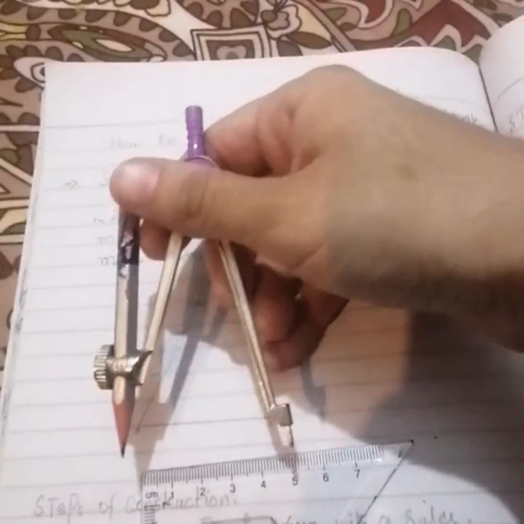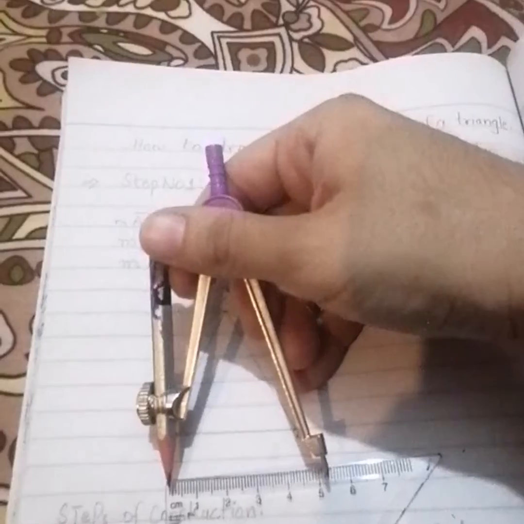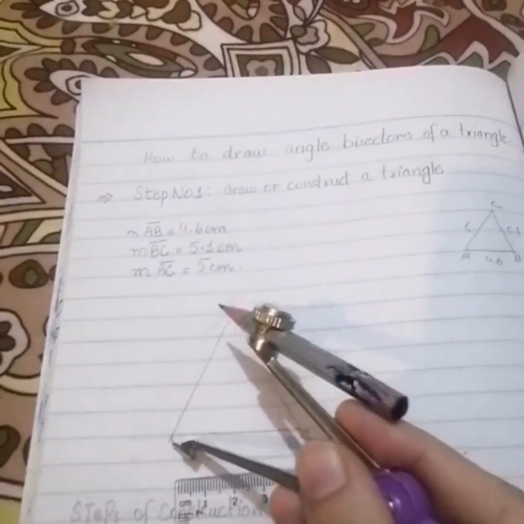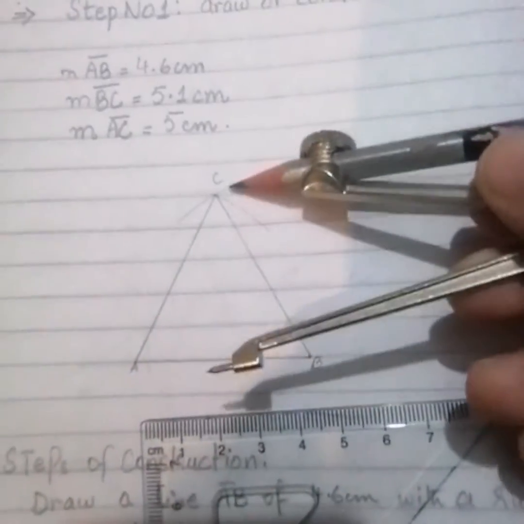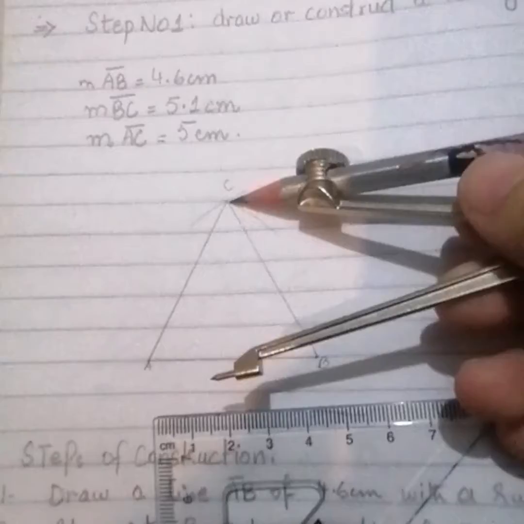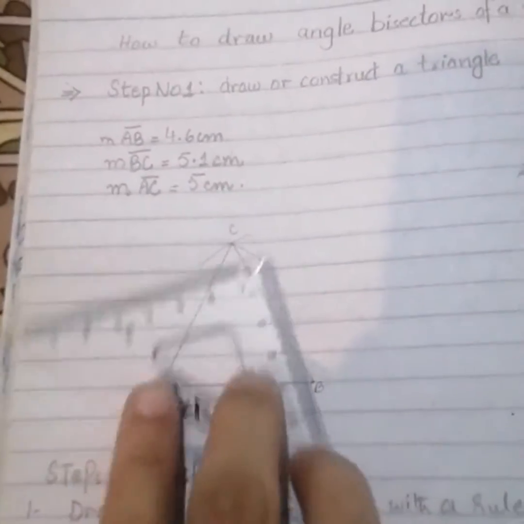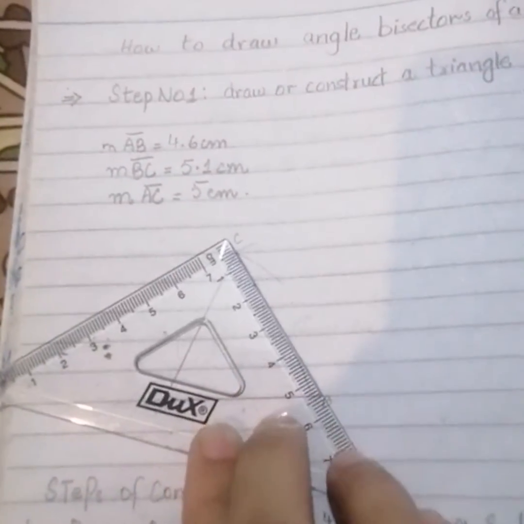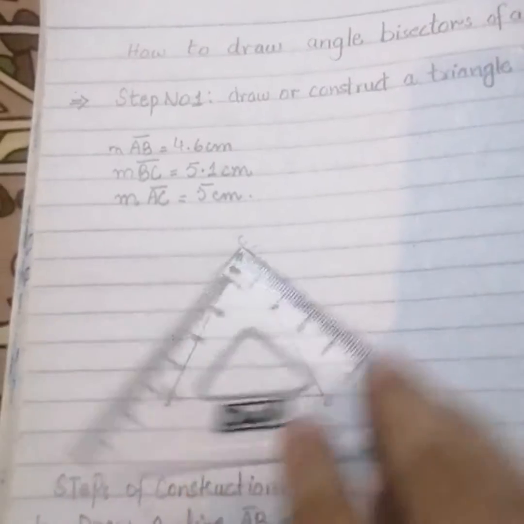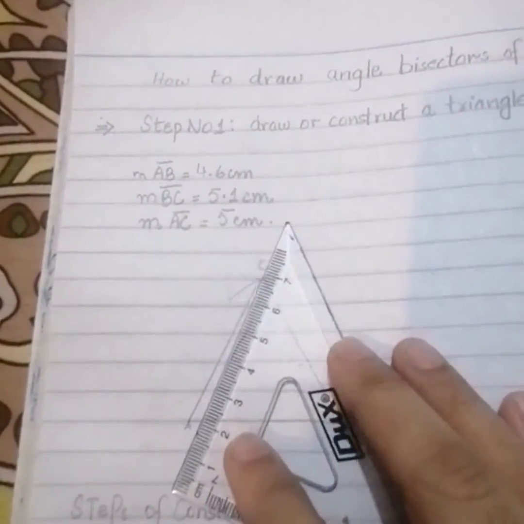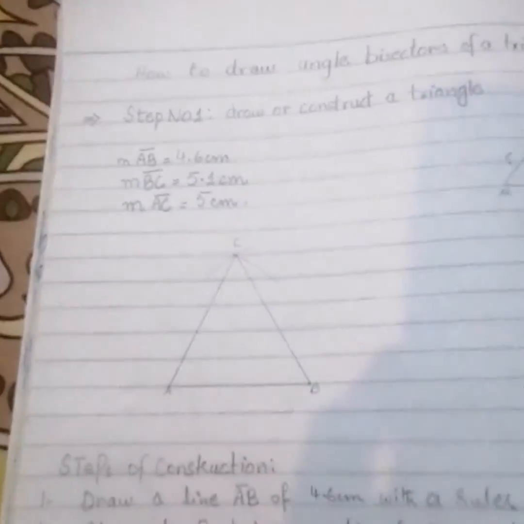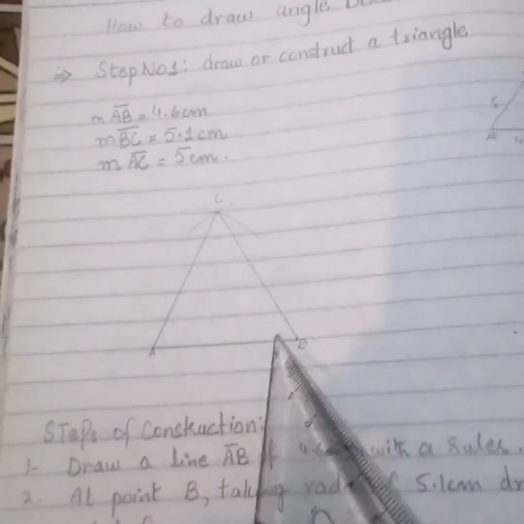You will take the measurement from the ruler, place it here and intersect it. Now this point is called C. Now you will join this point with B, and similarly from C to A. In this way you have constructed triangle ABC.